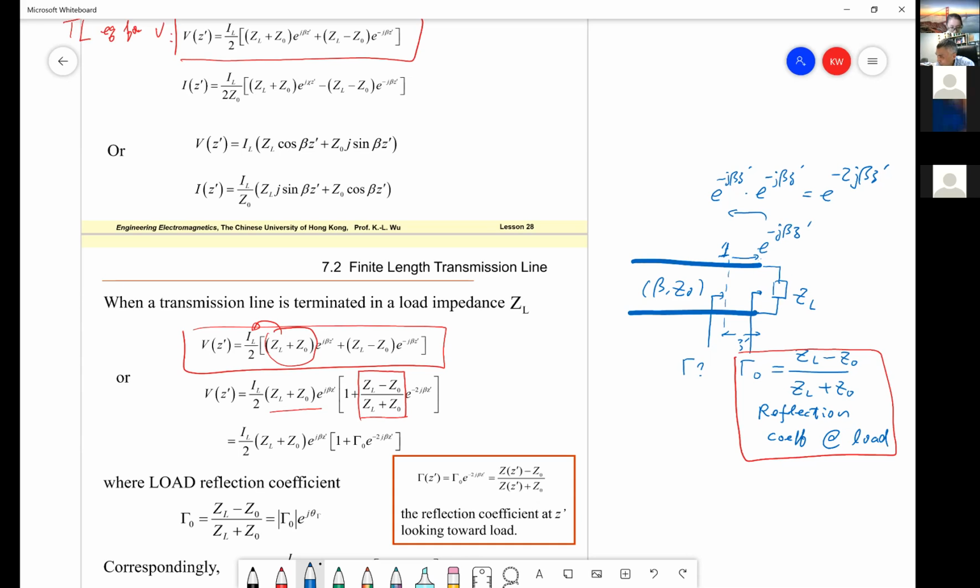And the reflected wave we call V minus, the V minus at the load.